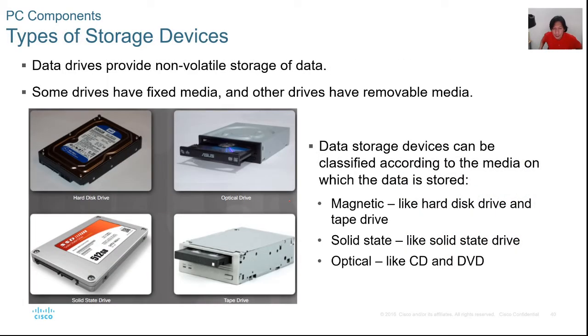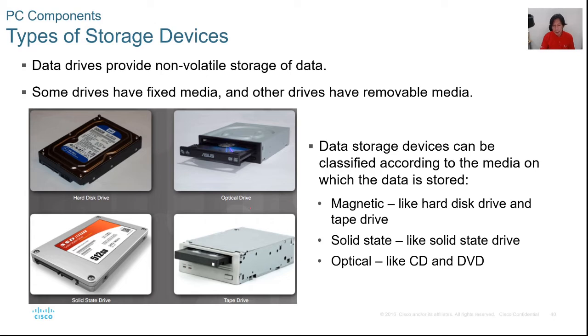Okay, so types of storage. We do have the data drives, which provide non-volatile storage. Some drives have fixed media, and others have removable media. So what are those with removable media?